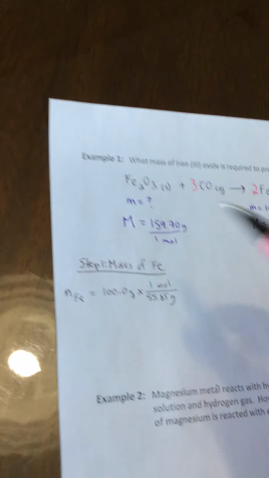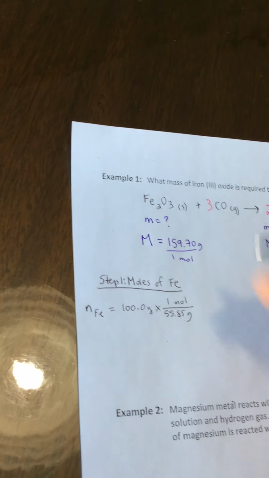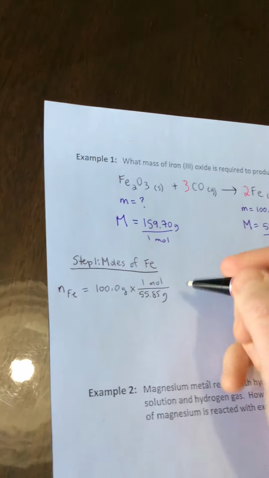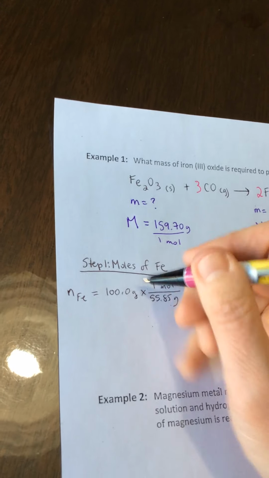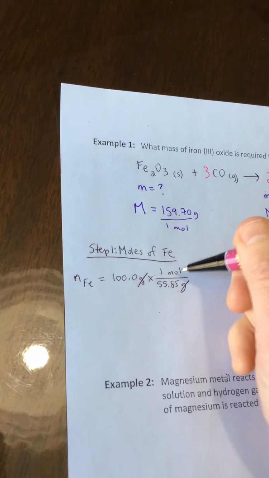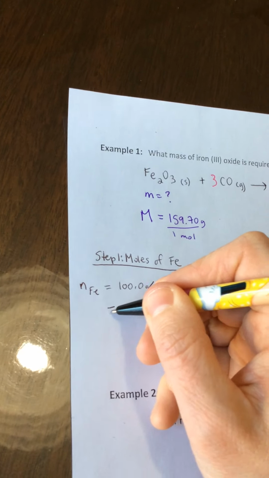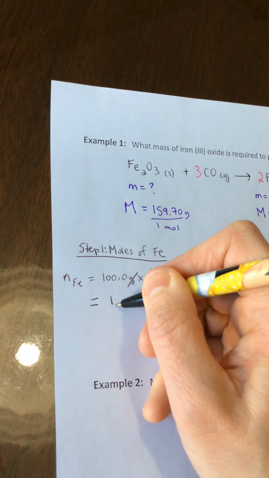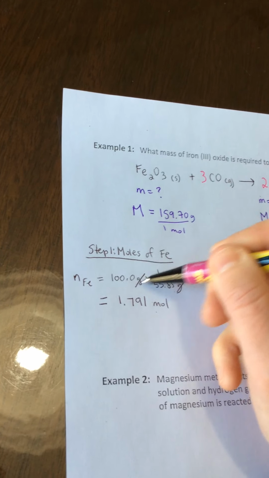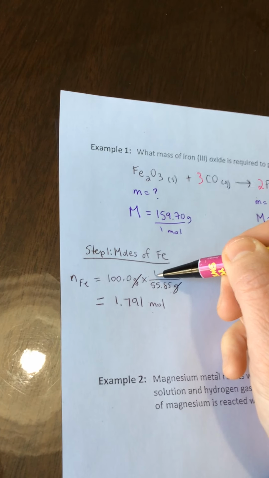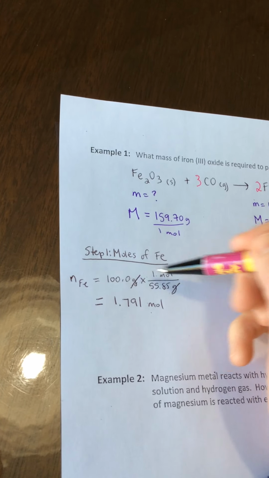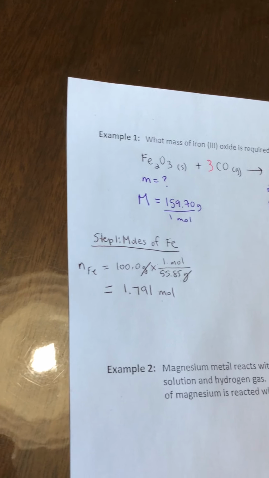But writing out like this, basically how you would divide a fraction is you end up multiplying and switching the numerator and denominator. I can see that grams are going to cancel out, and I'm going to be left with the unit that I want, which is moles. 1.791 moles. You do 100.0 times 1 divided by 55.85, or just 100.0 divided by 55.85.